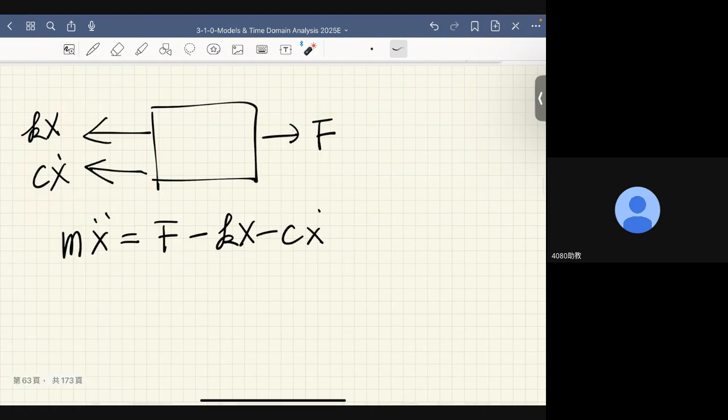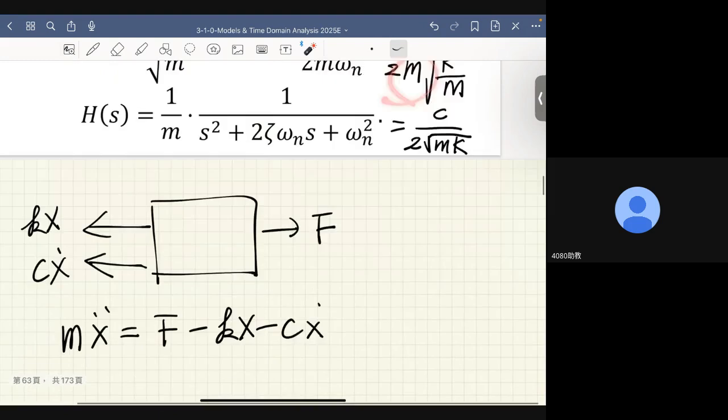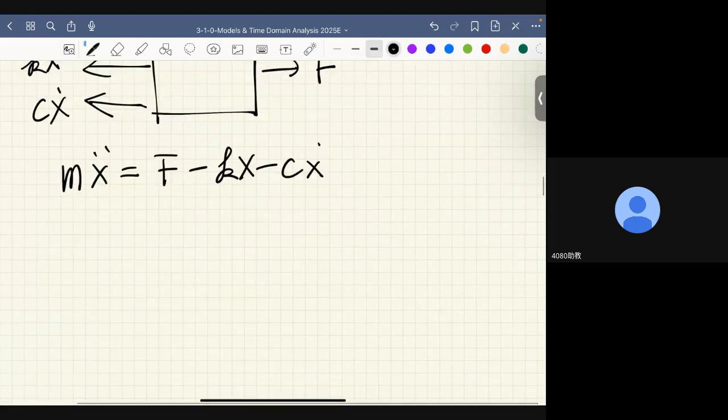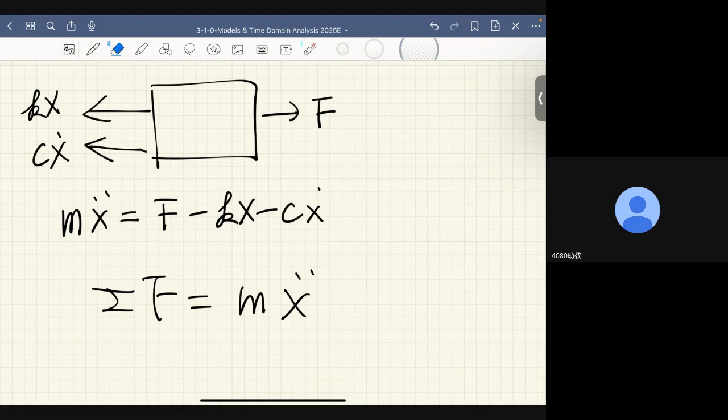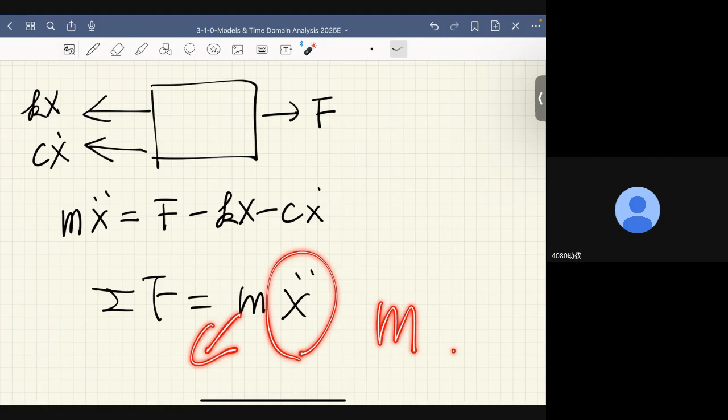And the same thing happens with mass. What we have here is summation F is equal to m x double dot, right? So the inertial force is actually the product of the mass and the acceleration. And as a part of the external force, the damping force will have a very small impact on the acceleration if m is very, very large.